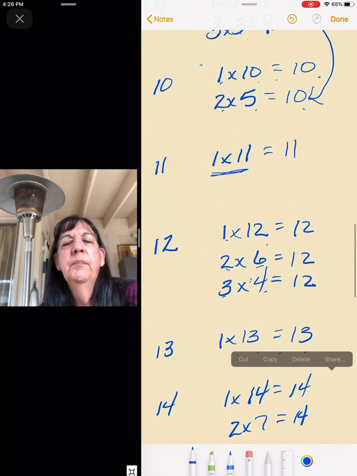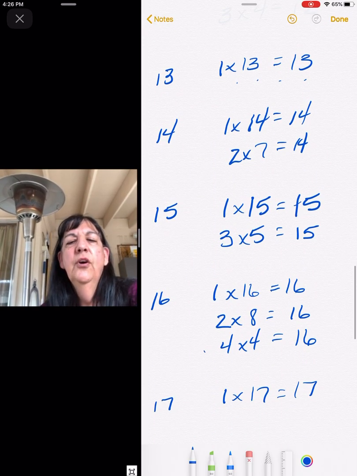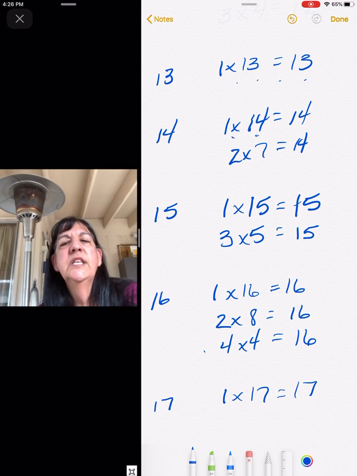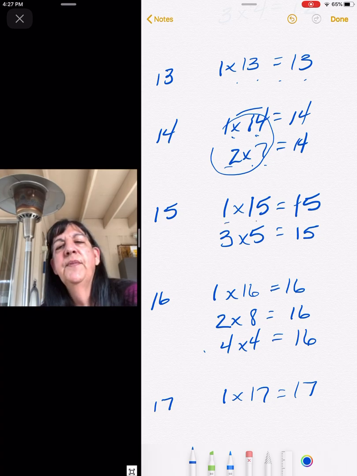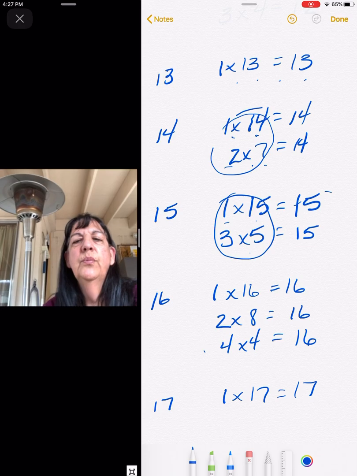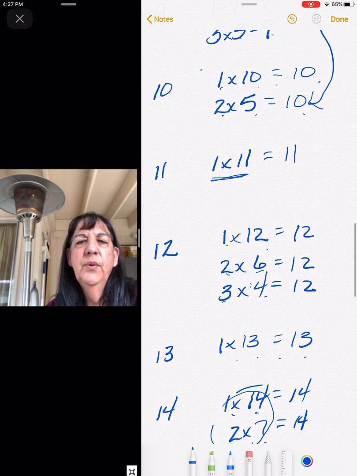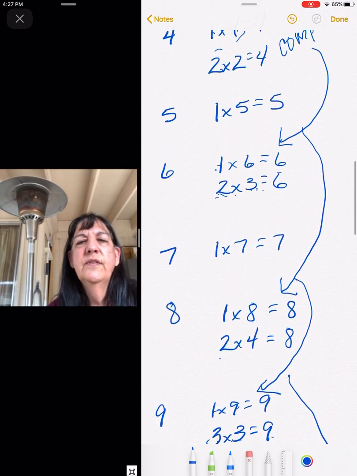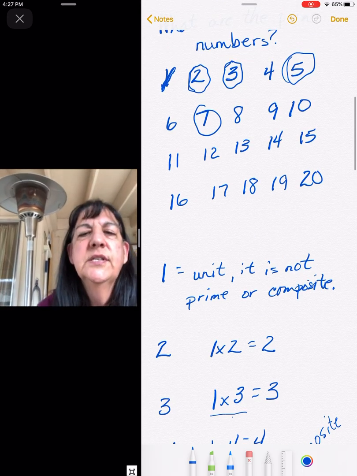So that's a prime number. 14, 1 times 14, 2 times 7. So we have 4 numbers there. That's composite. 15, 1 times 15 equals 15, 3 times 5 equals 15, another composite because we have 4 factors. So in this section we had 11 and 13 as prime numbers.